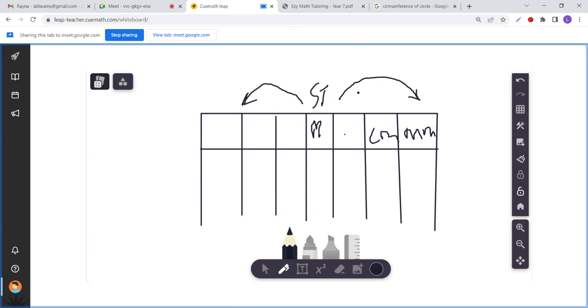Now on this side are all smaller units. This is a standard unit, so I write down meters over there. On this side are all greater units from the meters. So smaller units: millimeter, centimeter, and decimeter.